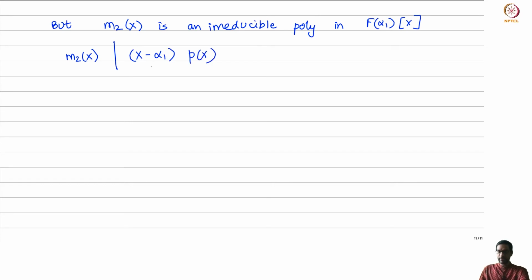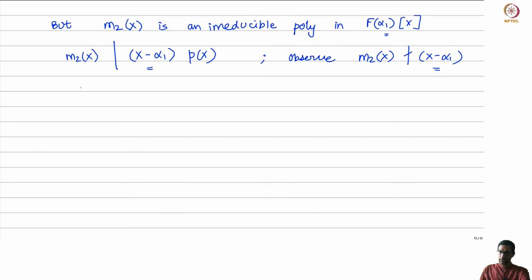So clearly m2 of x does not divide the first factor, because the first factor is just a linear factor. So observe m2 cannot divide the first factor. In fact, it's relatively prime to the first factor, because you can just think of this as being an irreducible polynomial of degree 1 in this ring F(alpha 1)[x].